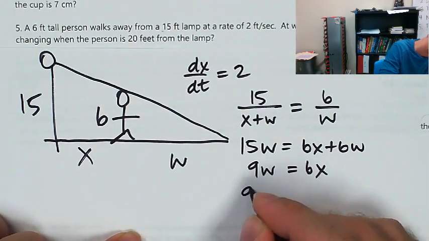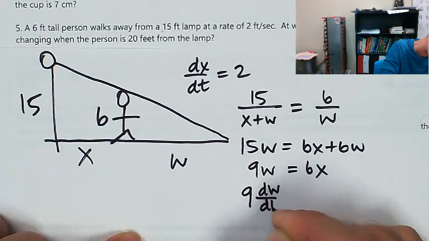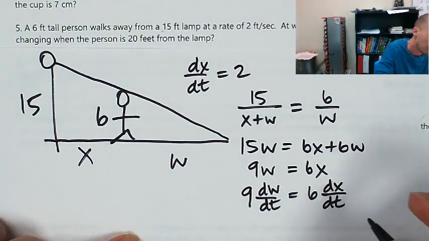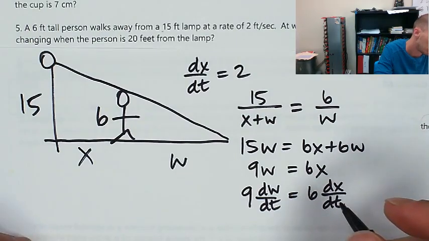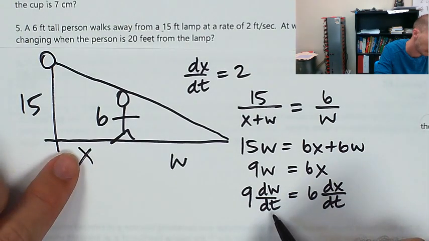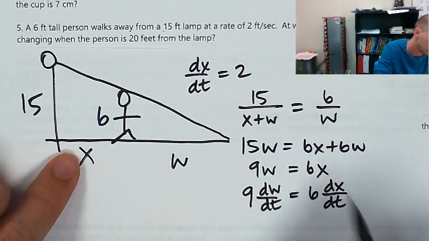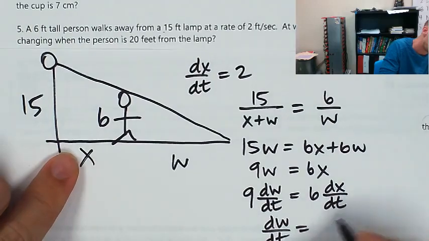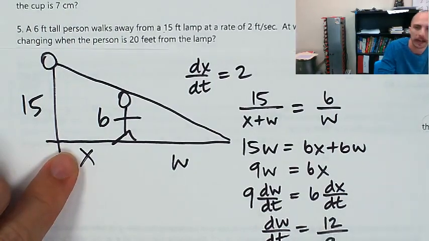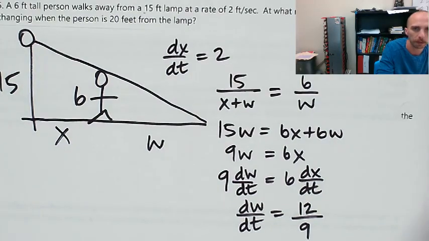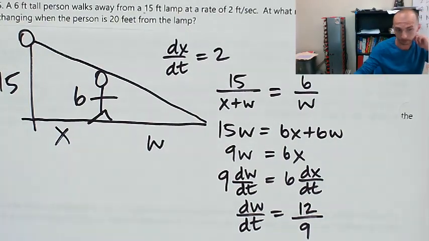Take the derivative with respect to time. Right, and then 9 dw/dt, that's what I'm hoping to find. dx/dt is 2, so dw/dt is 6 times 2 is 12 divided by 9. Okay, and that's probably in feet per second.